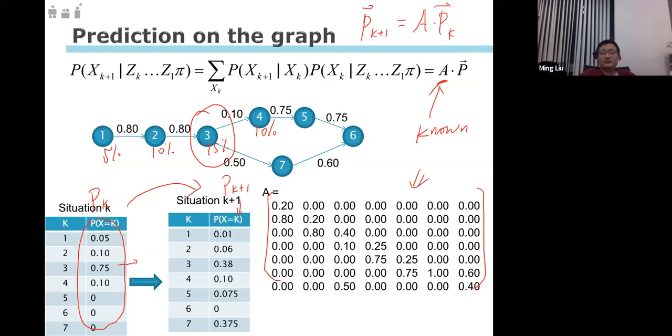Very easy. And then what is PK plus 2? Just A square PK, right? So this prediction over graph is easy if you know this A. A is known and static. If A is known and static, then this problem is easy. Okay.